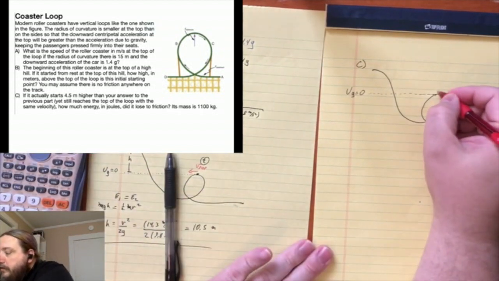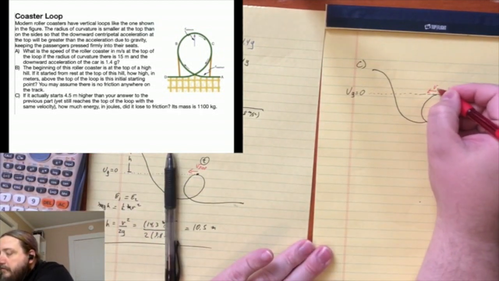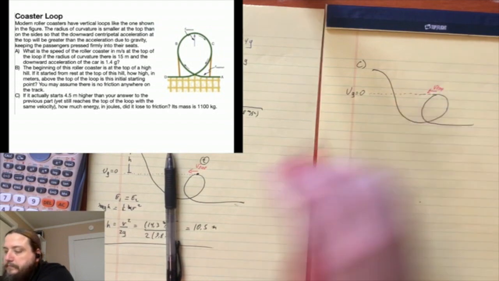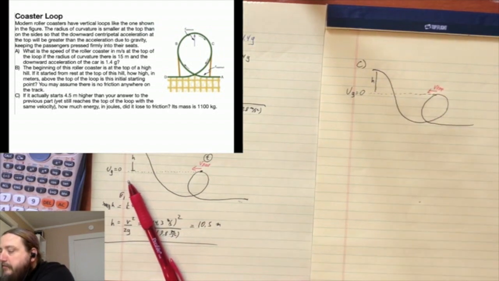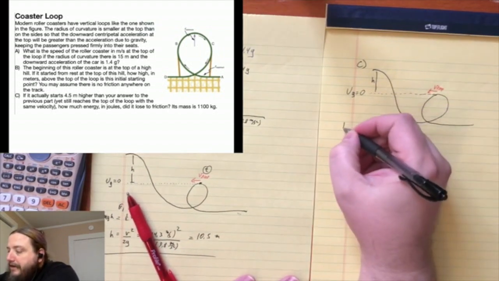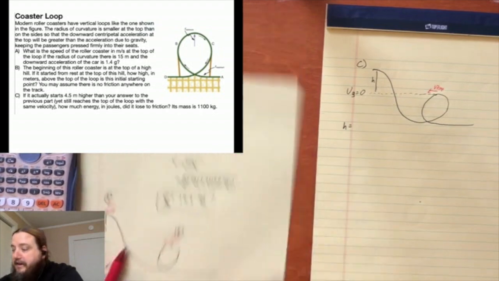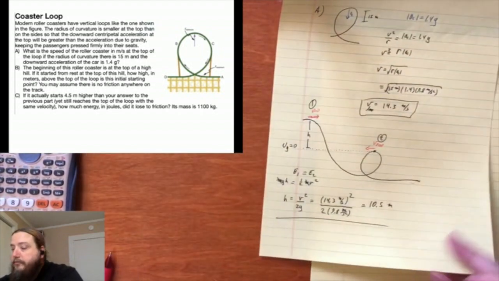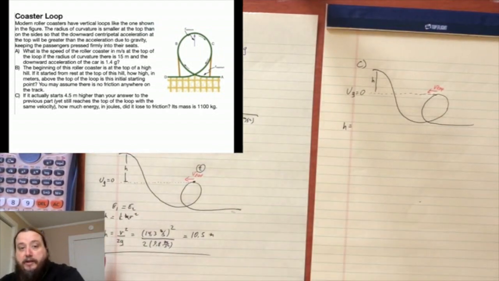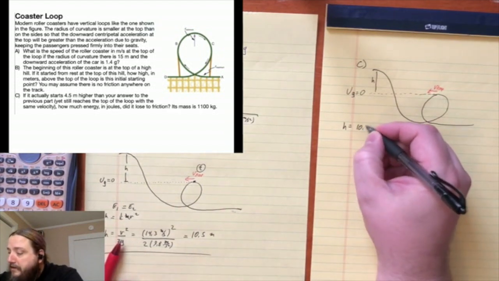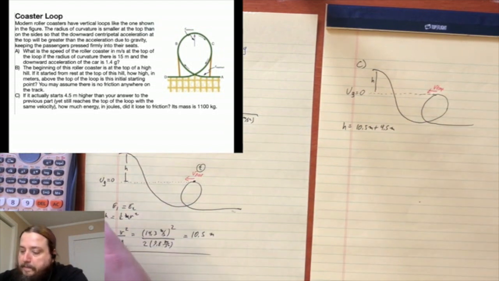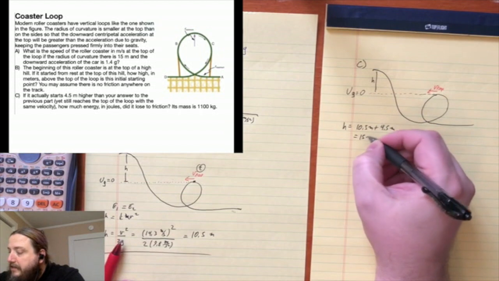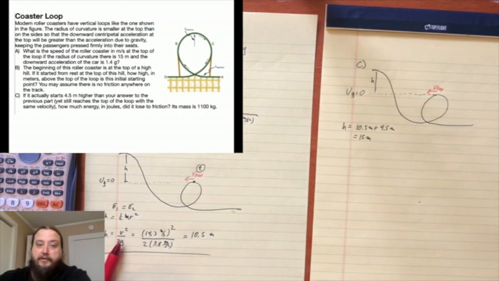We're still moving here at some speed v loop. And we still start from some height above that. But now the height is not the 10.5 that we just calculated assuming no friction, but is 4.5 meters above that. So that would be 10.5 meters plus 4.5 meters, or 15 meters above the top of the loop.